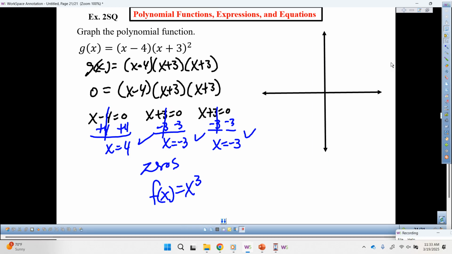Check this out. My first one is x equals 4, about right there. The next one is x equals negative 3. But, Mr. Q, there's another one.